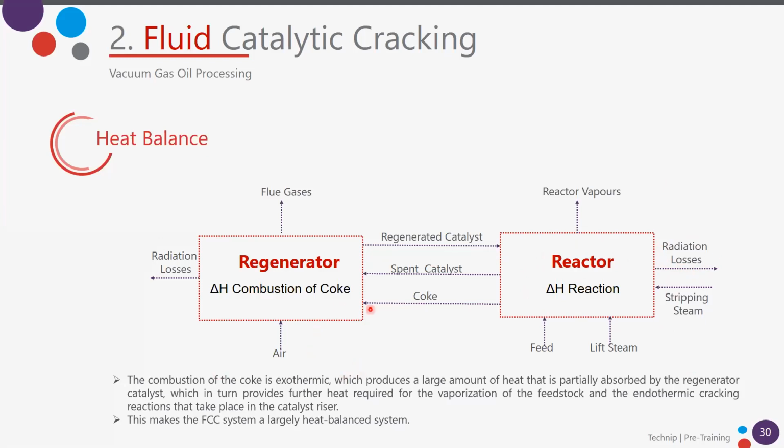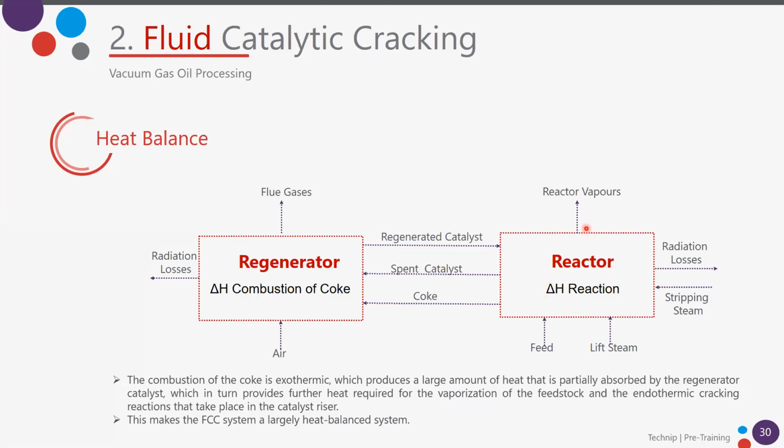The heat that this catalyst provides will serve to vaporize the feed, to also heat the different streams coming to the reactor, and will provide the cracking reaction heat that is required for the reactions to take place.